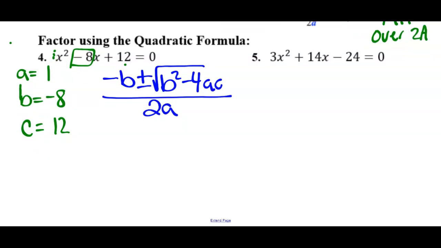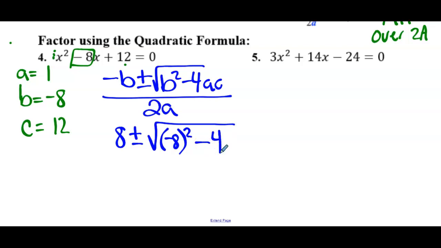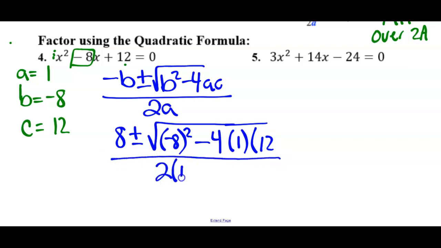What's the opposite of -8? +8 plus or minus the square root of b squared. What's b squared? -8 squared. That's always going to end up to be positive. Minus 4. What's a? 1. What's c? 12. All over 2. What's a? 1.